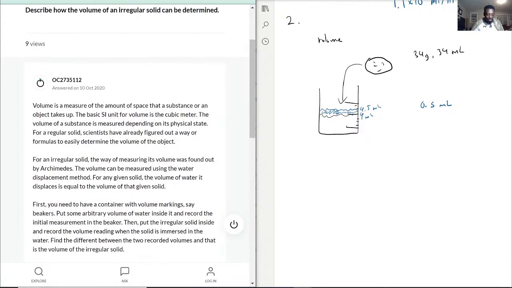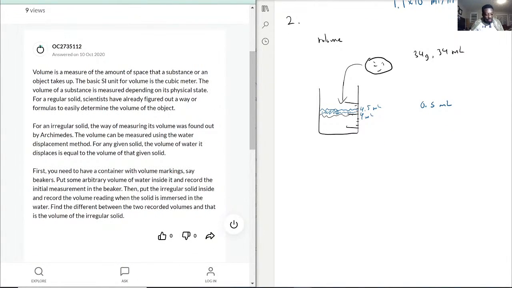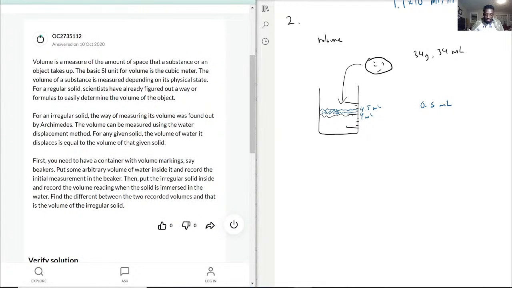Let's see what they say. Liter. And exactly. So this here is actually pretty cool in terms of how they mentioned it, because the grams can be converted to, if I remember correctly, mL.